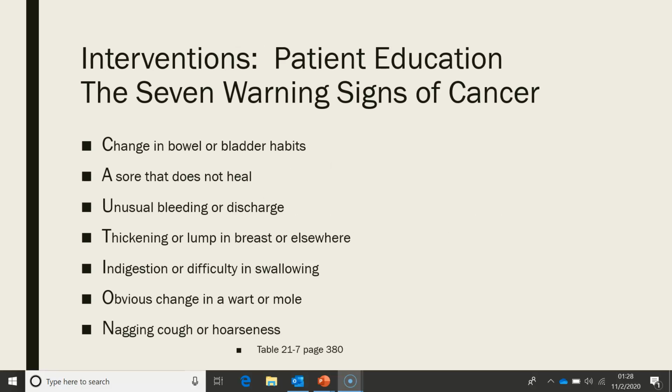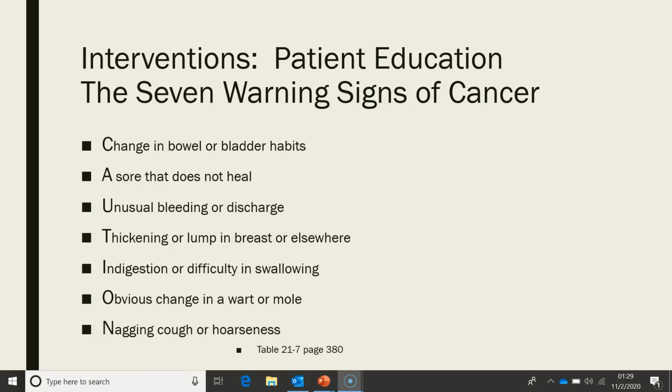This used to be a mnemonic that the Cancer Society used a lot. It's still posted in our book, so I wanted us to look at it. It's patient education, the 7 warning signs of cancer: changes in bowel or bladder habits, a sore that does not heal, unusual bleeding or discharge, a thickening or lump in the breast or elsewhere, indigestion or difficulty swallowing, an obvious change to a wart or mole, or a nagging cough or hoarseness.